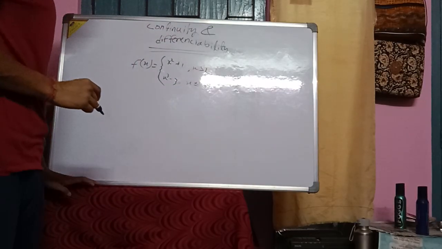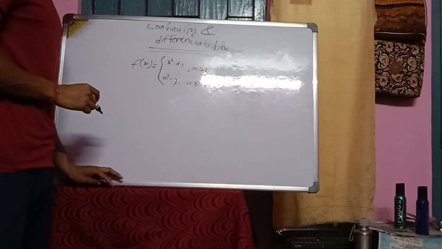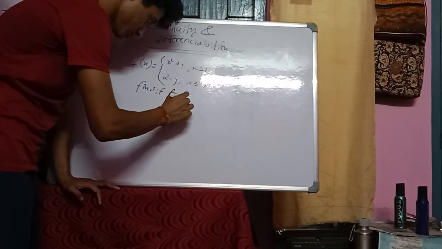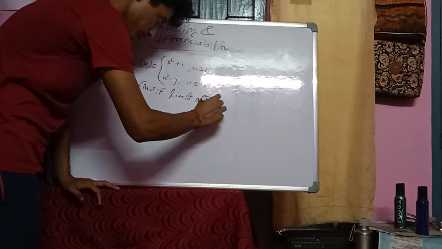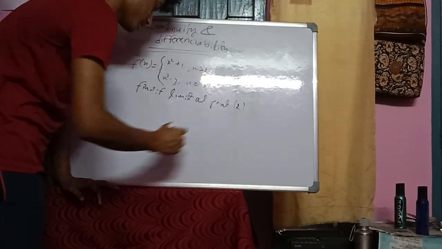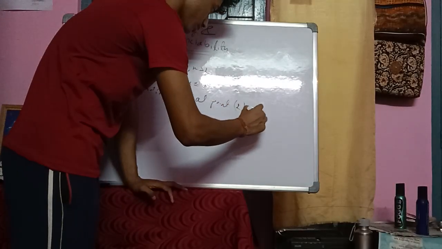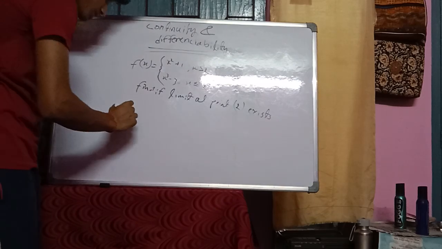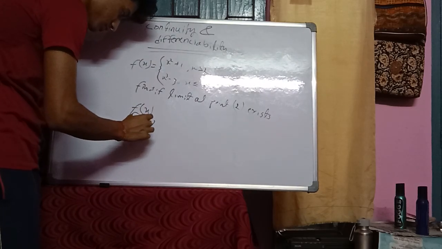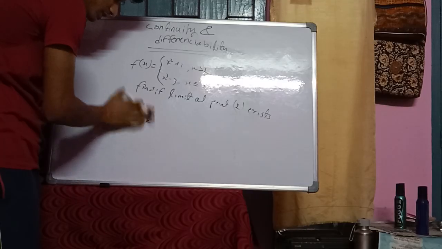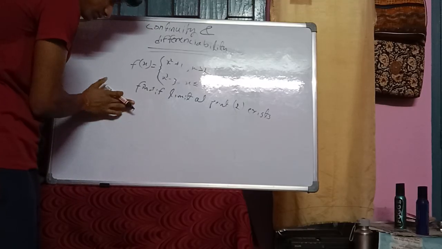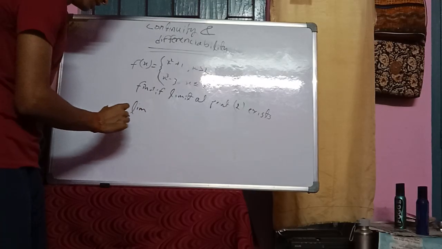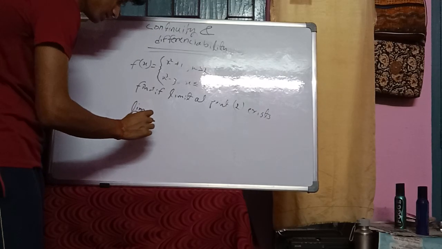Now we have been asked if the limiting value at this point, the limit at point 2, exists. Okay, so let's write it this way. Limit of x tends to 2 minus.